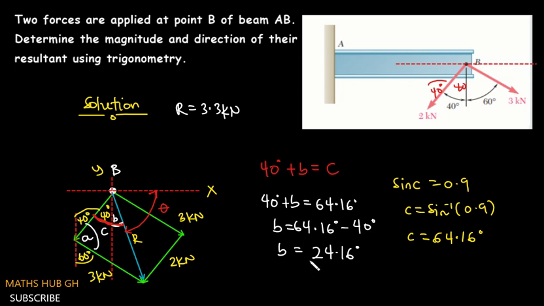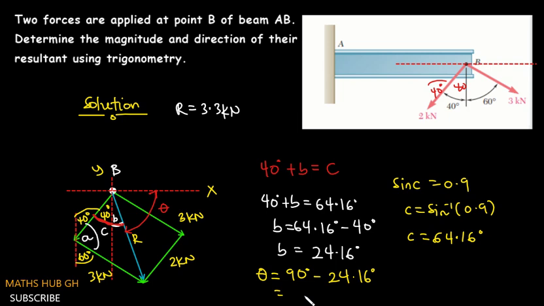That's the value of angle B. So we can subtract this value from 90 degrees to get the value of theta. Let's look at that. So theta will be equal to 90 degrees minus 24.16 degrees. Let's see what you're going to get.